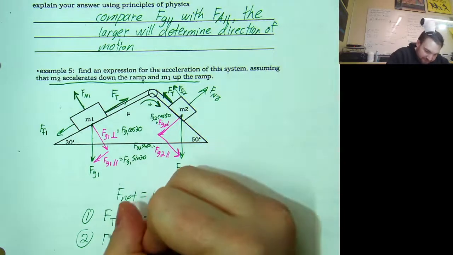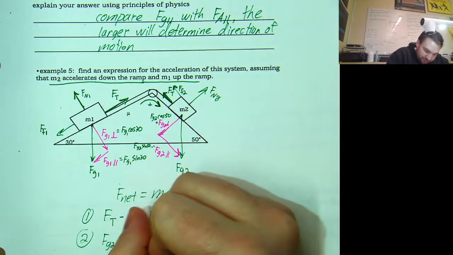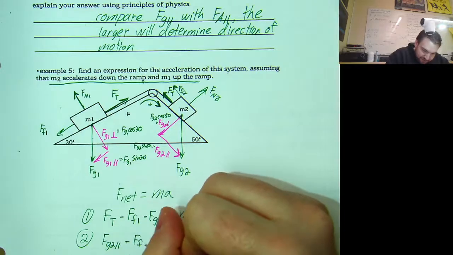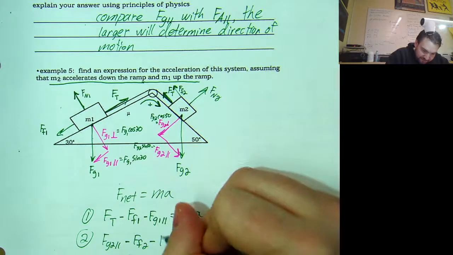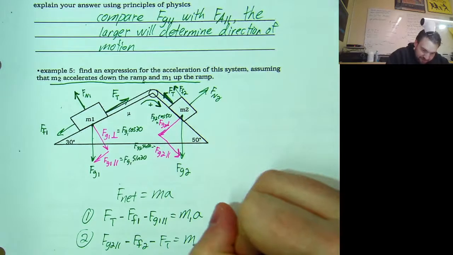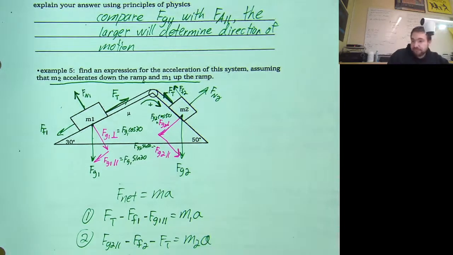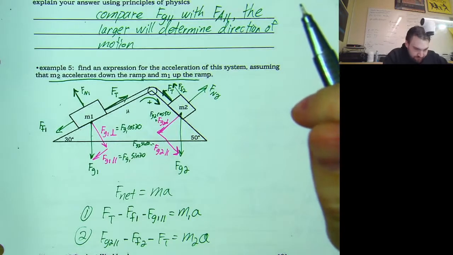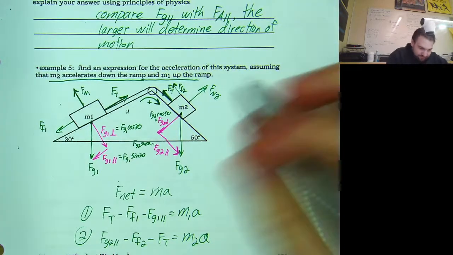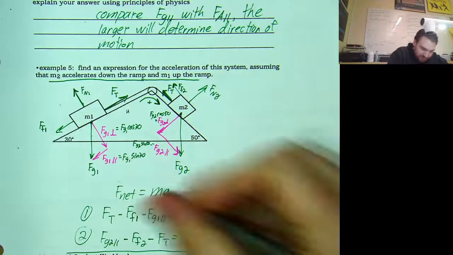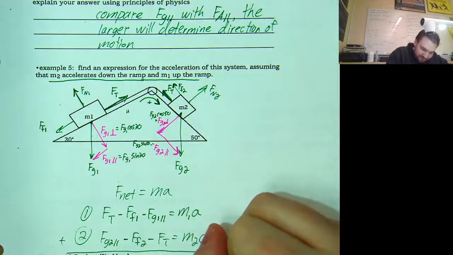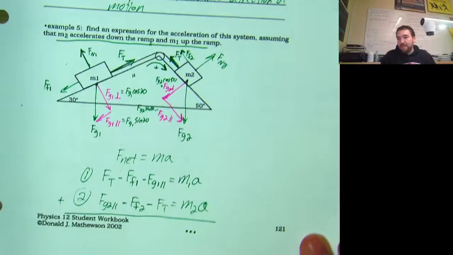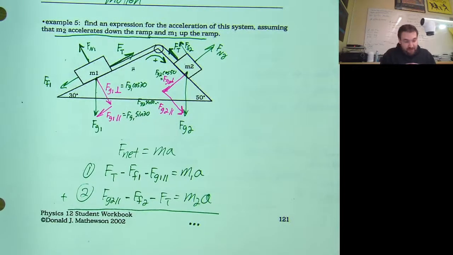This is going to be Fg2 parallel minus force of friction 2 minus force of tension equals M2A. We could add those together, but I'm just going to say dot, dot, dot. We would proceed like we would have before.